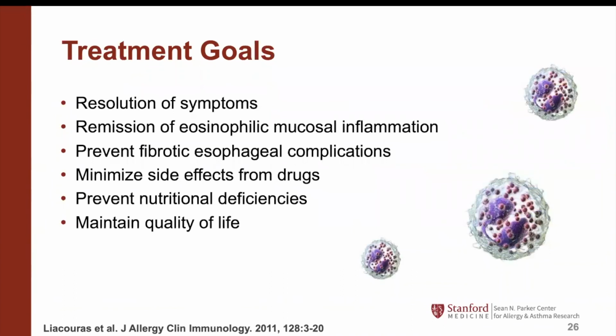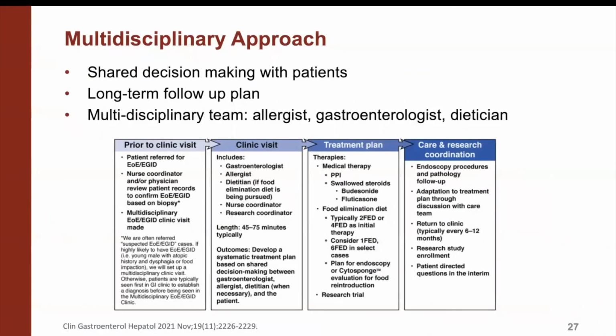And just to summarize our treatment goals, our goals are to help resolve symptoms, help induce remission of the mucosal inflammation in the esophagus, decrease fibrotic esophageal complications, minimize drug side effects, prevent nutritional deficiencies, and also help maintain quality of life.